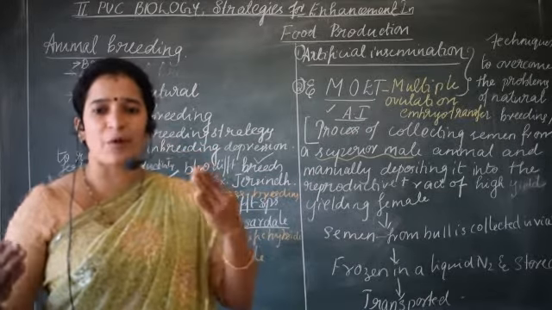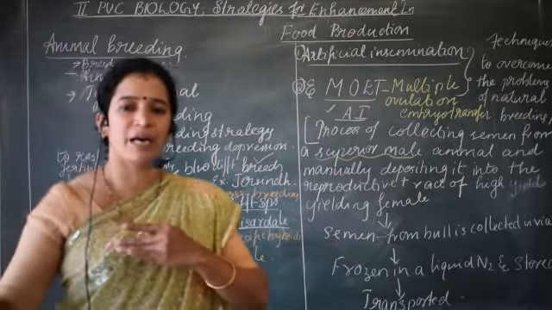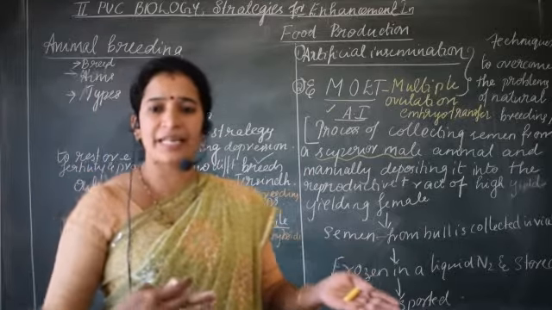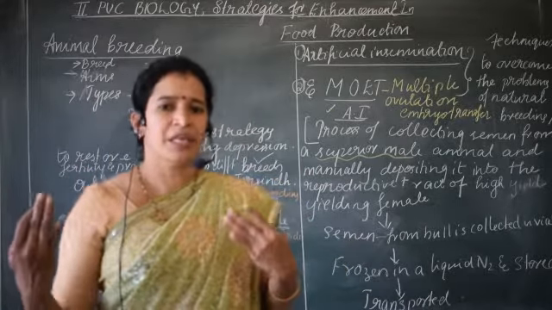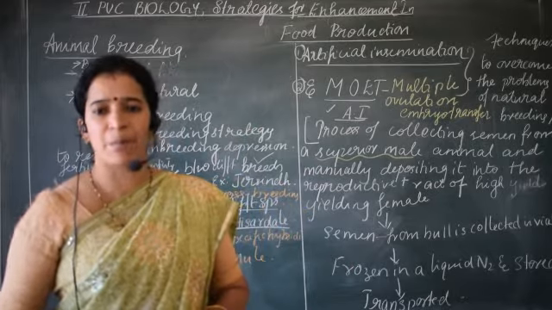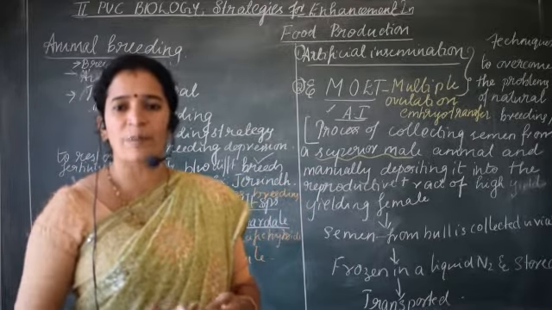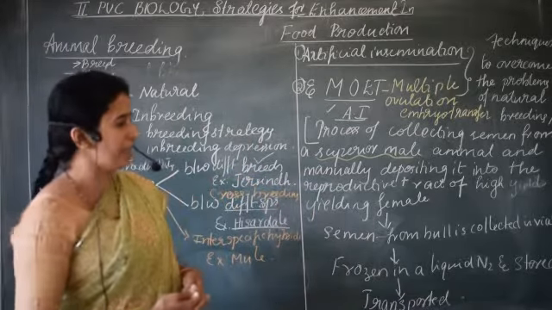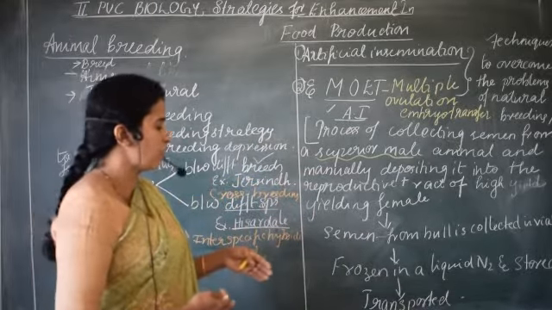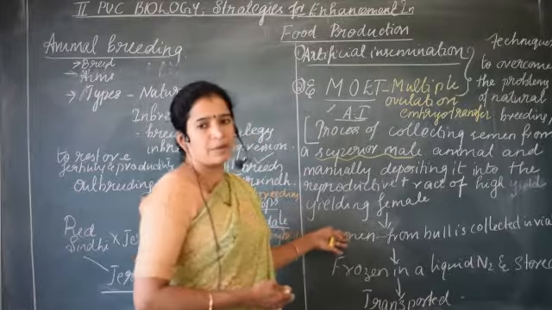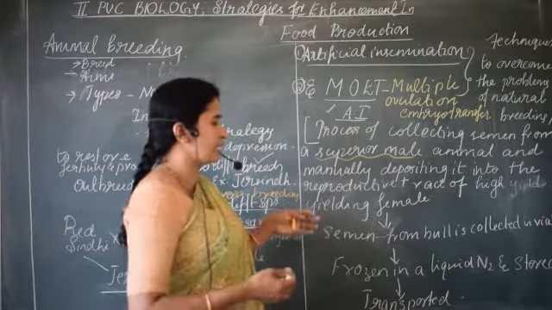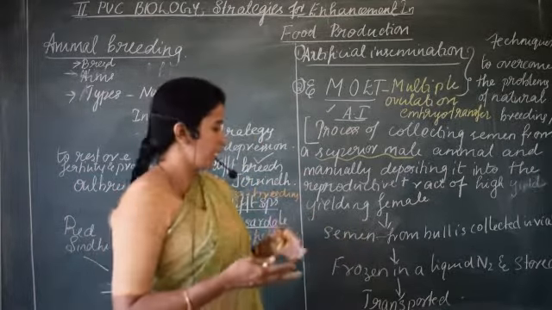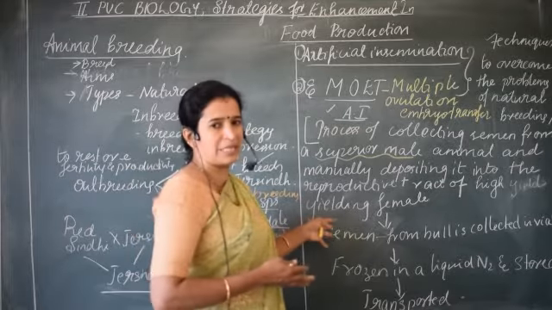Is it possible to carry the bull from Denmark, or to carry the cow from here to Denmark? Both are impossible for a normal farmer with low economic production. So what has to be done? To overcome such problems, this is one of the best methods.